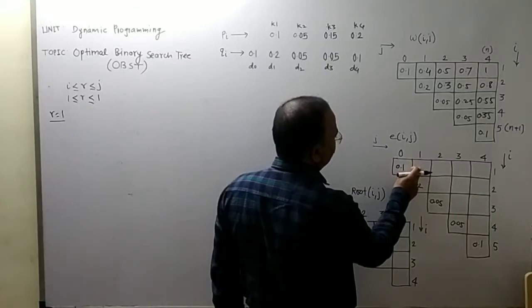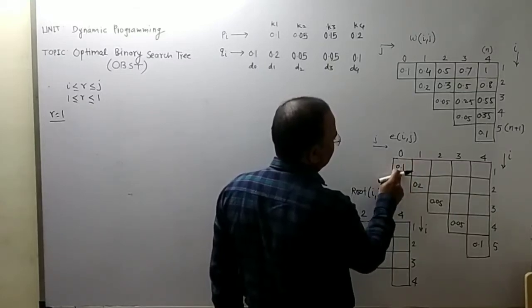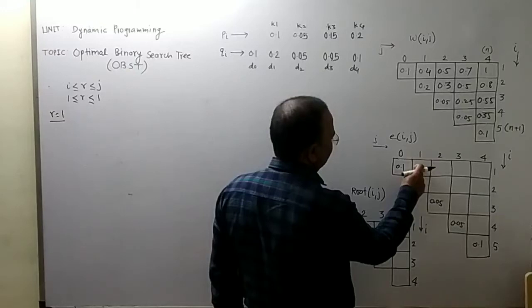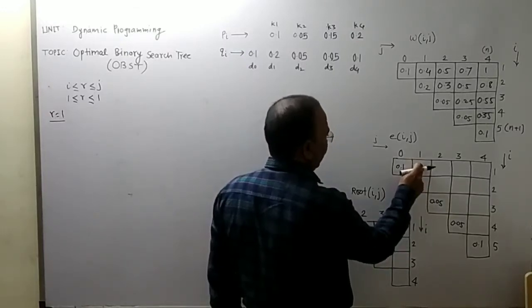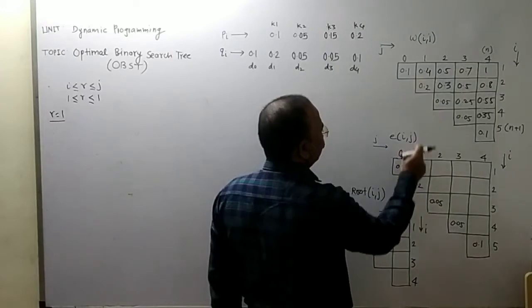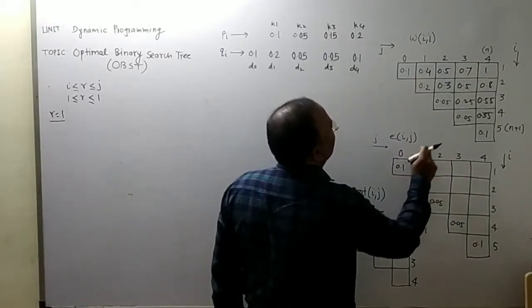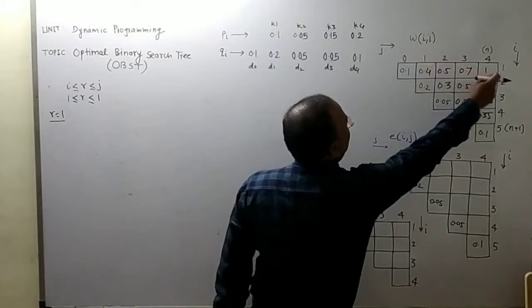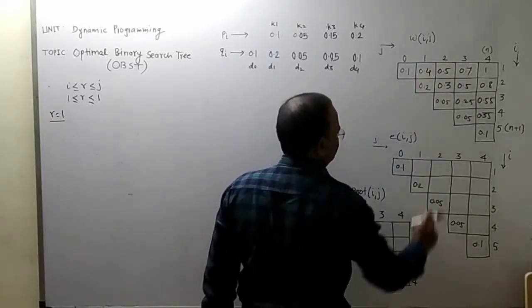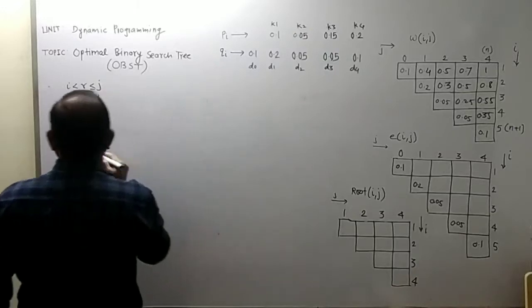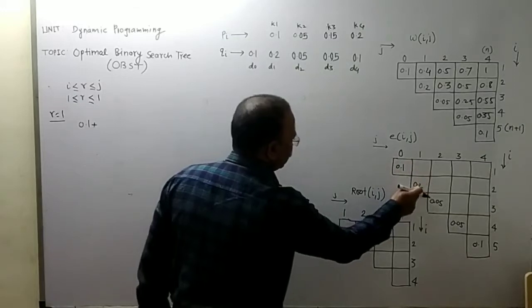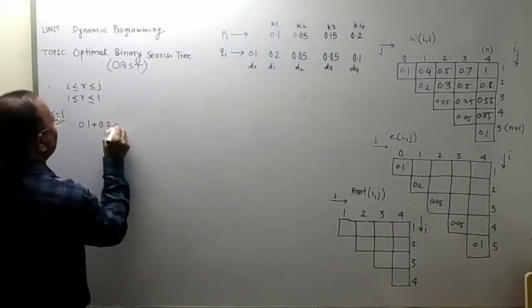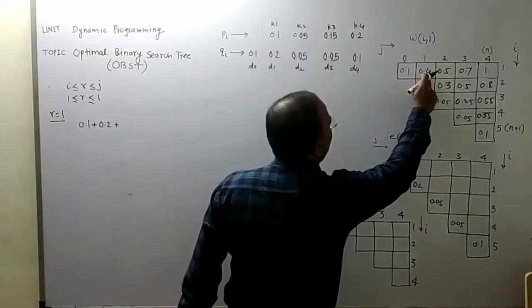Now let us see how to get the value for this cell. For that we have to refer the previous value, that is 0.1, and the value in the down cell, as well as the value in the W table at 1 cell, which is 0.4. First I take 0.1 plus 0.2 plus 0.4.